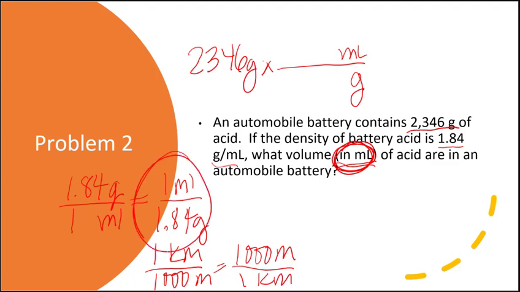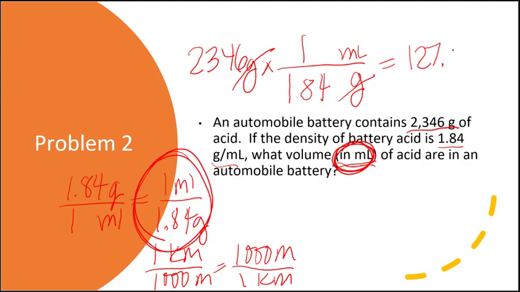So I want to use this ratio, which I've given in my density. So 1 milliliter, 1.84 grams. And if we pause real quick to check with our calculator, grams and grams cancel, we should get 127.2. And again, we started with 3 significant figures. So I'm going to round that to 127 milliliters.